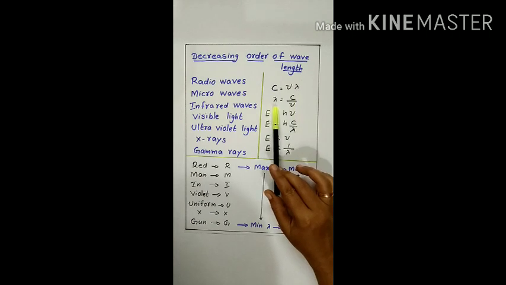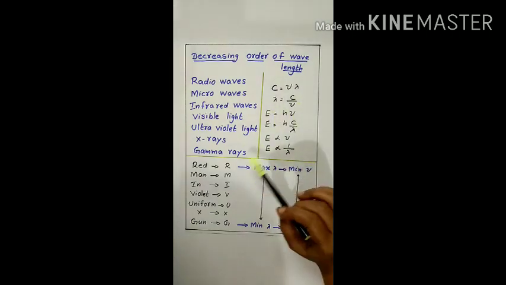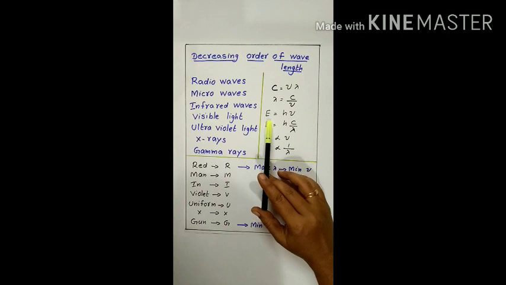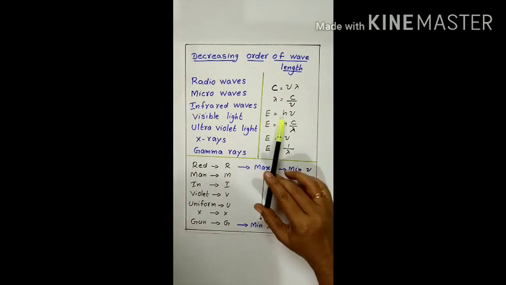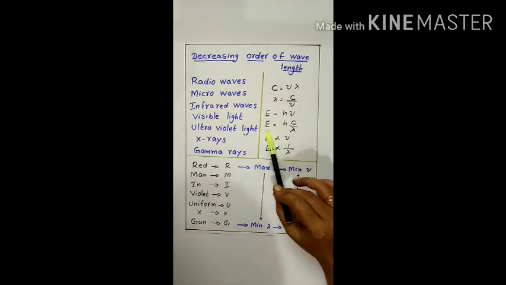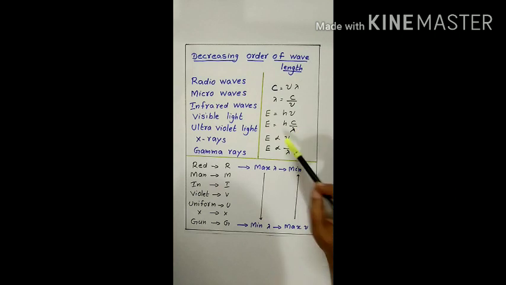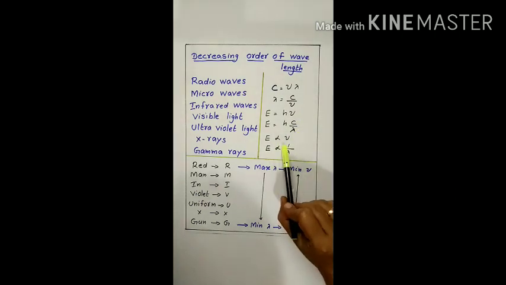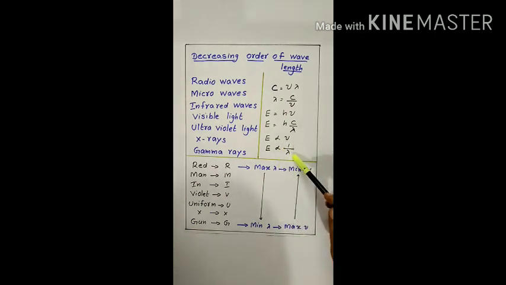It implies lambda equal to c by nu. The relation between energy and frequency is E equal to h nu, where nu equal to c by lambda. Therefore, E equal to hc by lambda. From these two relations, we can write E is proportional to nu and E is proportional to 1 by lambda.